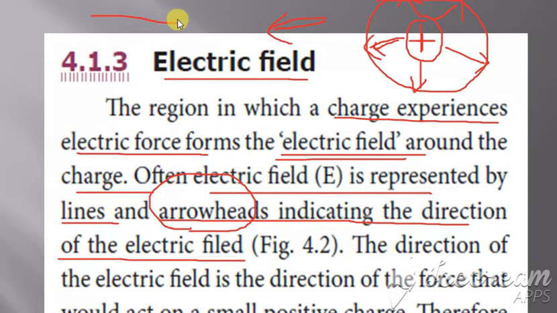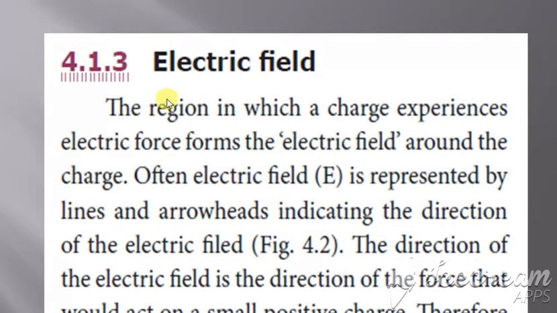One line followed by one arrowhead represents the direction of the electric field. The direction of the electric field is the direction of the force. So wherever the direction of the force is, that side is the direction of the electric field. Clear with this? What is an electric field?